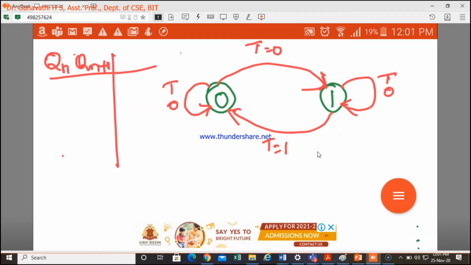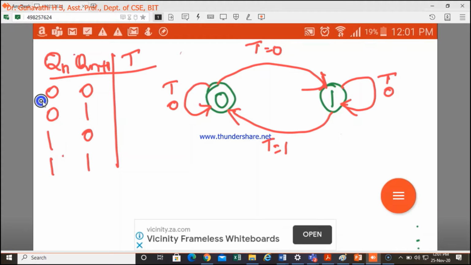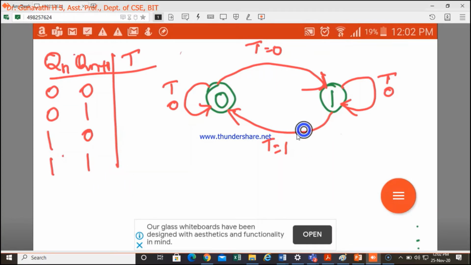What should be the input? So 0 0, 0 1, 1 0, 1 1. These are the different outputs possible. When it was 0, it can be 0. When it was 1, it can be 1. When it is 1, 0, 1, 1. What should be the input in order to get these outputs? It is very easy to do this with the help of the state diagram now.